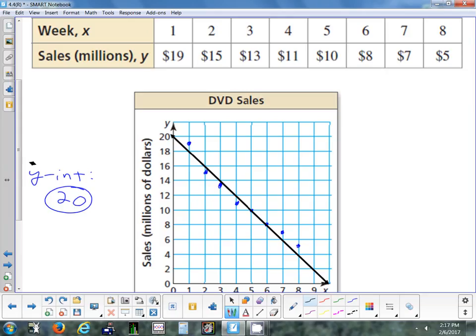Okay. Remind me again, what letter is the y-intercept? B. That's the B in this formula: y equals mx plus b. So I've got b. What other letter do I need? M. That's my slope.